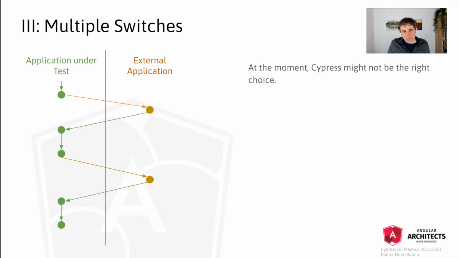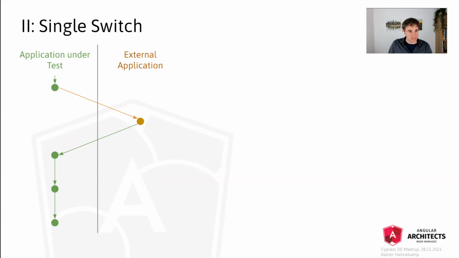But this is also just a question of time, because Cypress is, of course, at the moment working on that. So you can expect that some time in the future, it might work. But as I said, this is a very rare use case, so let's not bother with that one.